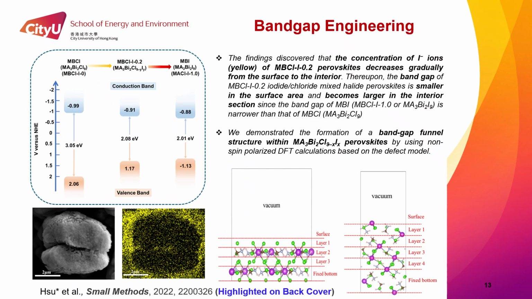By using bandgap engineering, we developed the perovskite photocatalyst with a bandgap funnel structure as verified by SEM EDS and the DFT calculation. The bandgap funnel structure means the bandgap is smaller in the surface area and becomes larger in the interior section, because the concentration of iodine ions, the yellow dots, decreases gradually from the surface to the interior.